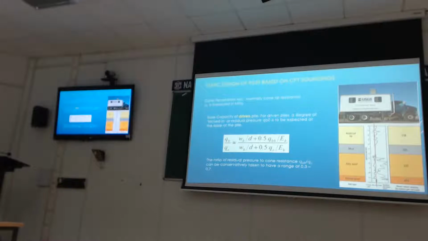Okay? So if you drive the pile in, because of the action of the soil wanting to go there, you must mobilize passive pressures, right? And you know passive pressures can be about a factor of 9 compared to your active pressures if it's frictional soil. So that's quite a big increase.